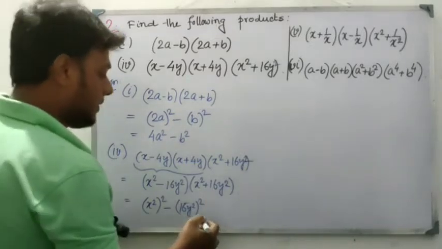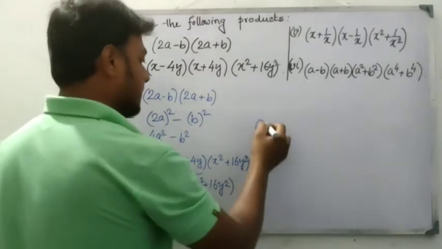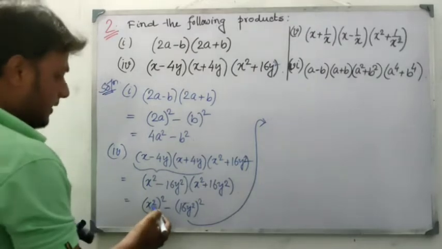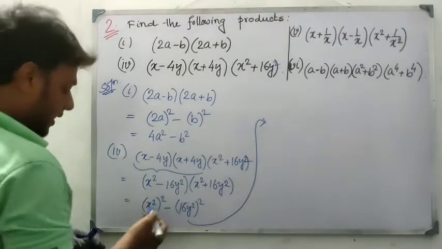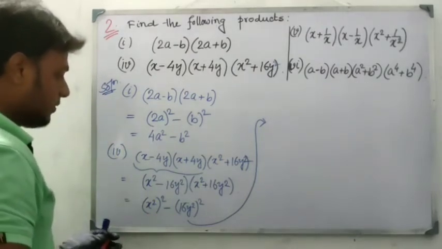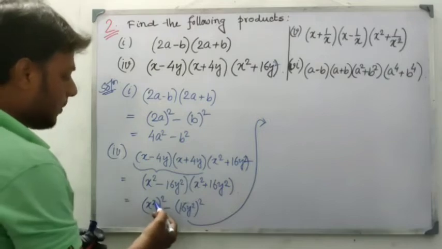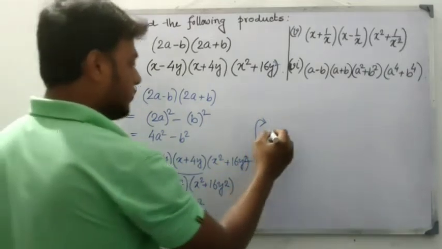Understood? So after this line, x² squared, multiplying the powers, gives x to the power 4.